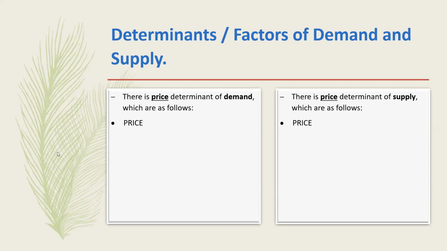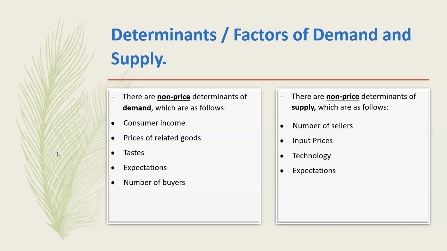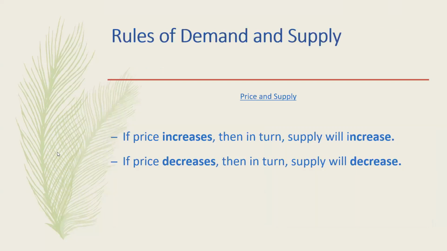All right, so this is just a basic one factor so far that will affect demand and supply. So what is the factor that will affect demand? One of the factors, we have price. What is the other factor that can affect supply? We have price. Let us look at those other factors.